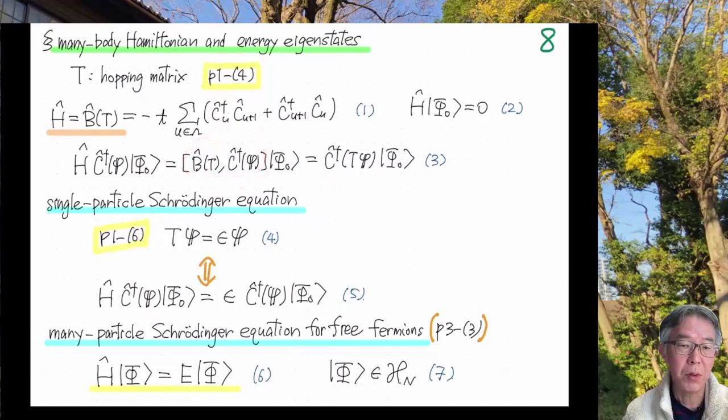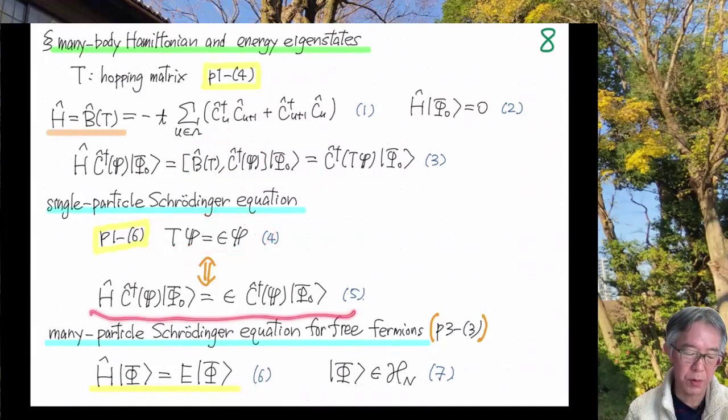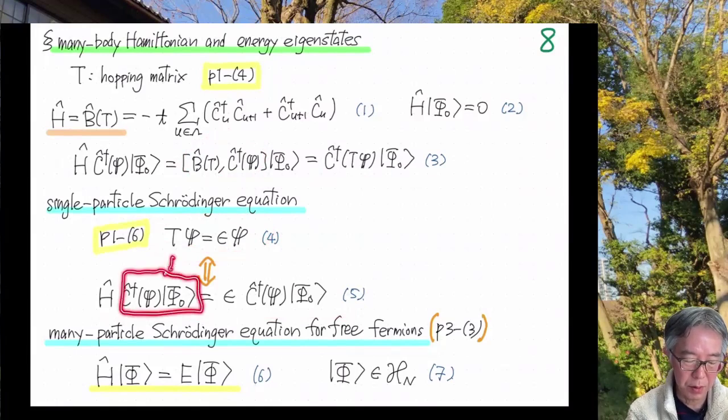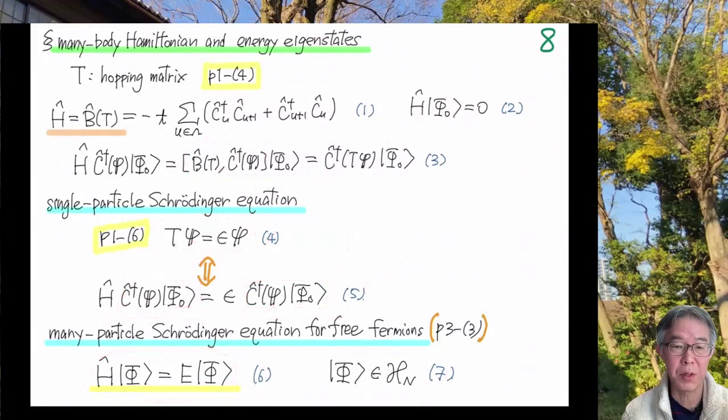Now, recall that the single particle Schrödinger equation looks like this. So this single particle Schrödinger equation can be rewritten in this form. And this is really the standard Schrödinger equation. If you call this phi, and if you call the same thing phi, the result is simply this, H phi equals E phi, the very simple standard Schrödinger equation.